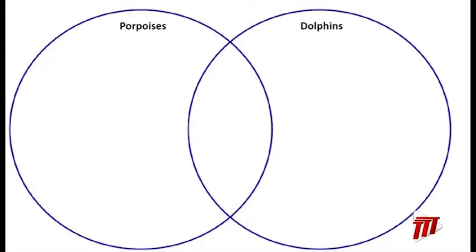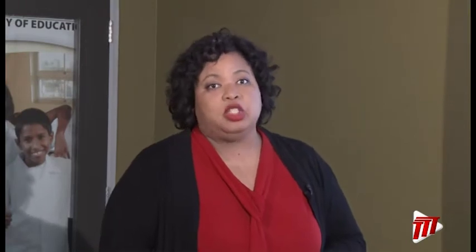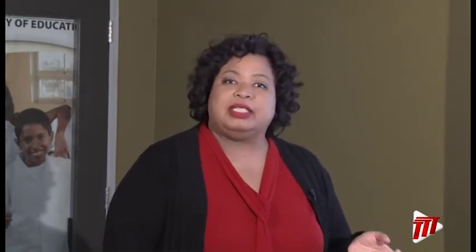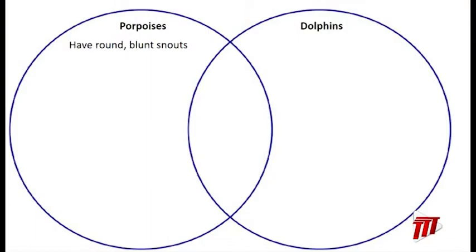And of course, we have our Venn diagram, which will help us to organize the information so we can understand the similarities and the differences between the porpoises and the dolphins. First, we noted that porpoises have round, blunt snouts. However, dolphins have pointed snouts.